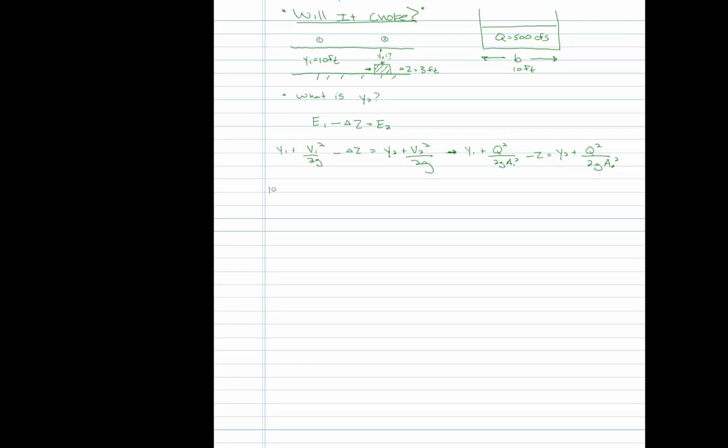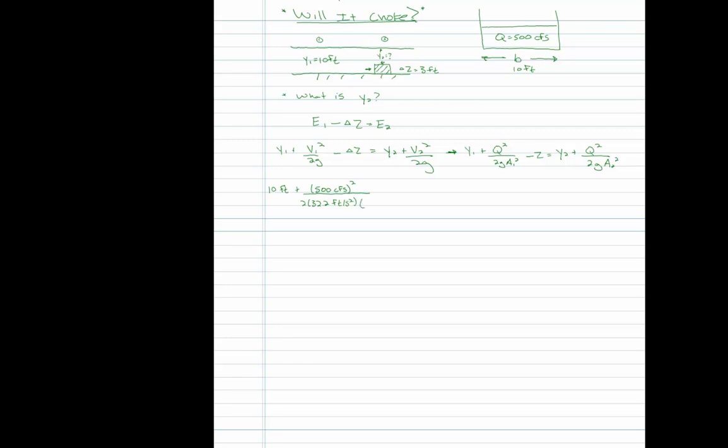The initial flow depth was 10 feet, and the flow rate is 500 CFS squared divided by 2 times 32.2 feet per second squared.